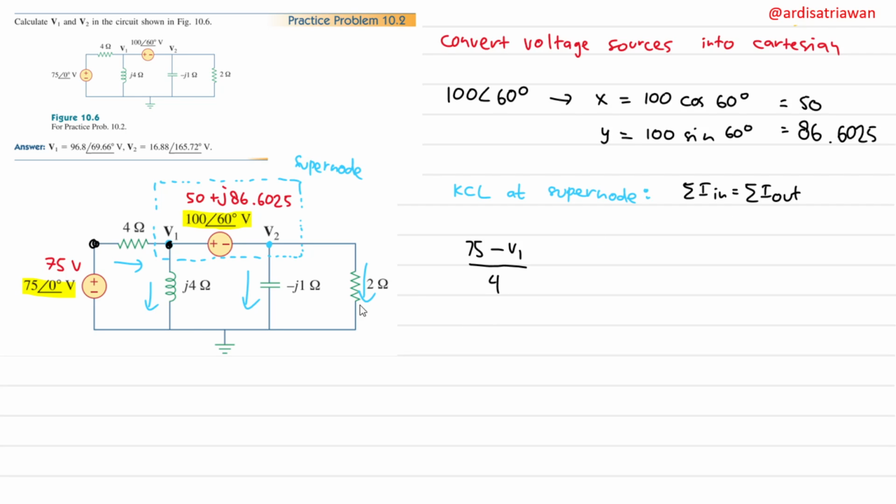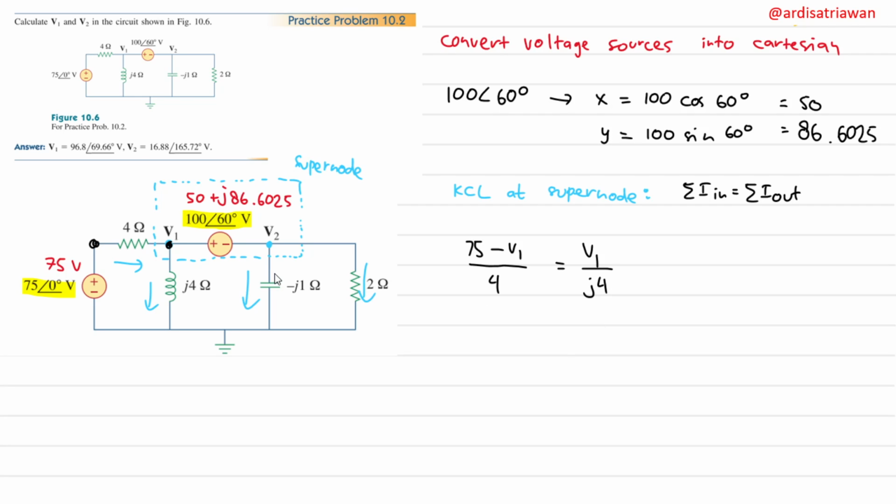And that is the only current that goes in. The other currents are going out, so let's start from here. This current here is V1 minus 0, so we will have V1 divided by this inductor here, which is j4.